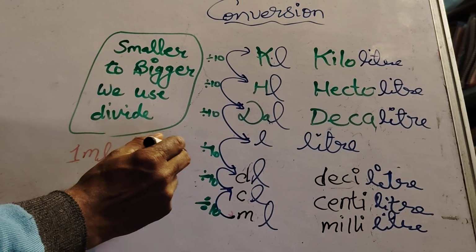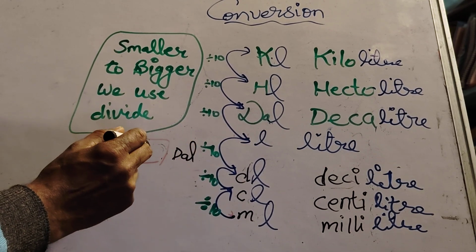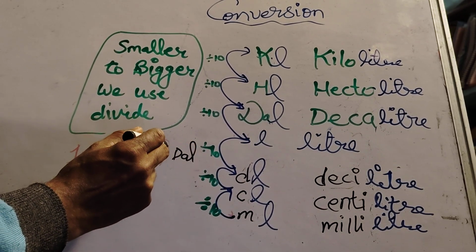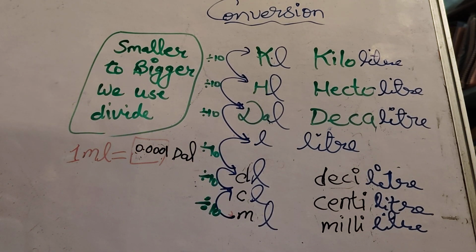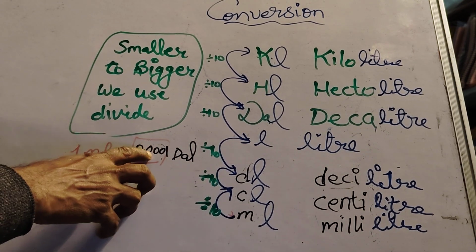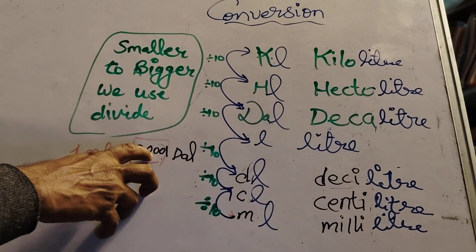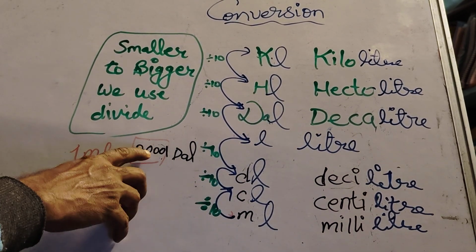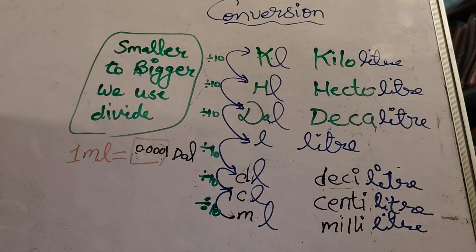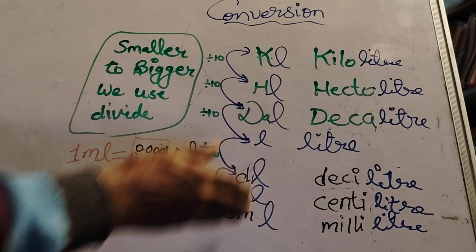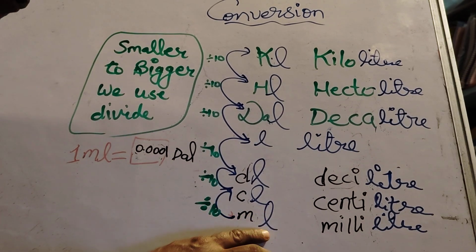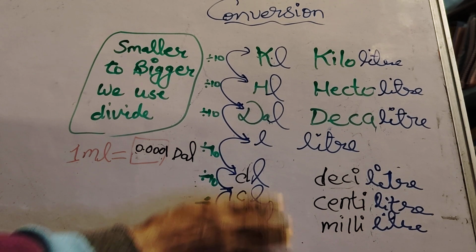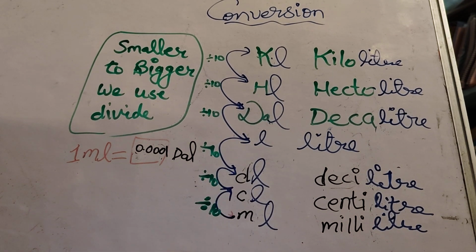Deciliter would be 0.0001. Correct. It means if we remove this decimal sign, the four zeros go in the denominator and it becomes 1 over 10,000. Instead of liter we can use gram as well as meter. The same thing happens in gram and meters also.